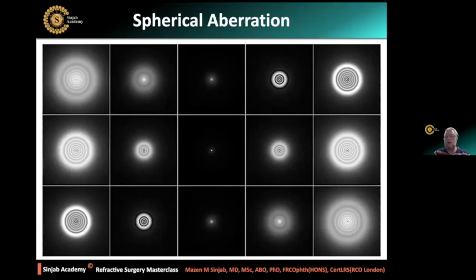If the eye has high spherical aberration, when the pupil dilates, then the eye will suffer more from the spherical aberration. And this is what usually happened with the old excimer laser machines, when the ablation was just in the center and the optical zone was very, very simple.